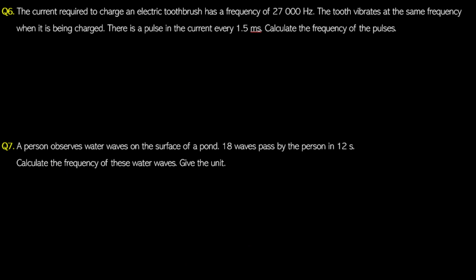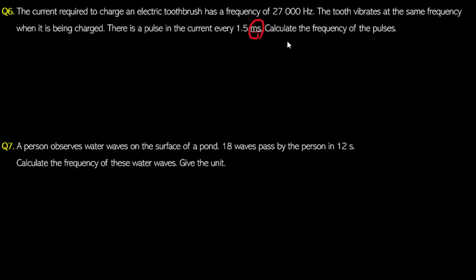Let's read question 6. The current required to charge an electric toothbrush has a frequency of 27,000 Hz. The toothbrush vibrates at the same frequency when it is being charged, and there is a pulse in the current every 1.5 milliseconds. Whenever you see units such as kilo or milli, try to circle them because you know that you need to convert those units.